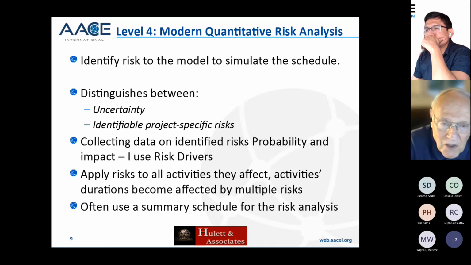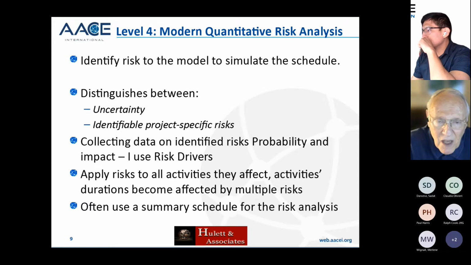Identifiable project-specific risks, on the other hand, are specific to the project. They have a probability and an impact, and they affect certain activities. I also include systemic risk in there as well, and they can be mitigated. And in fact, one of the crucial things about level 4 and level 5 is you can mitigate risks by first prioritizing them, and we'll talk about that.